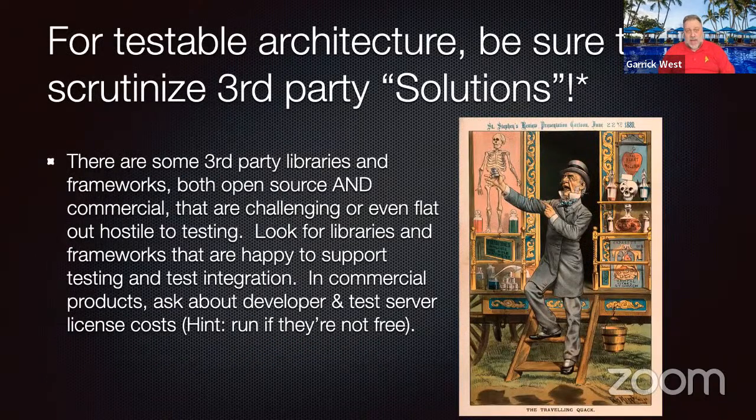I like to tell people as a cautionary tale and a warning that if you want a testable architecture, really scrutinize your third-party solutions. There are tools out there, both open source and commercial. Some of them are really cool, some will really do some really neat stuff, but depending on how they were built, they will either be very flexible and open to supporting automation and unit testing levels or integration testing levels, or they will be hostile in language feature choices.